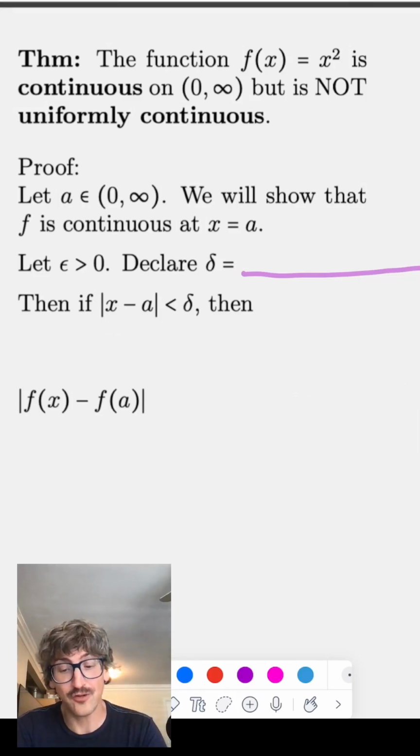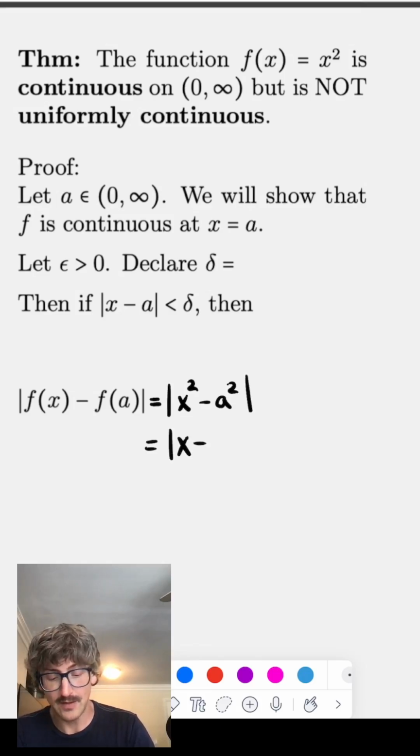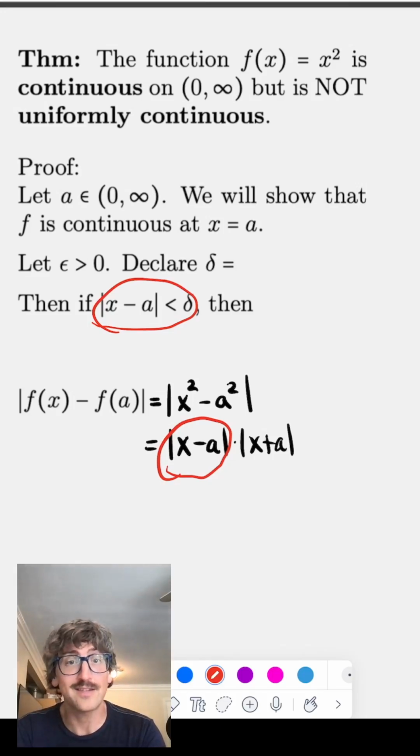Well, without a picture, without any sort of insight, we have to do some calculations. So what is f of x minus f of a? Well, f of x is x squared, f of a is a squared. I can simplify this by factoring. And right away when I factor, I notice that this quantity here has already been featured in our story. I know that that is strictly less than delta.